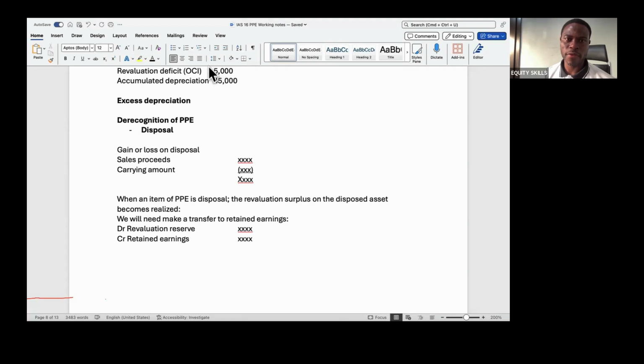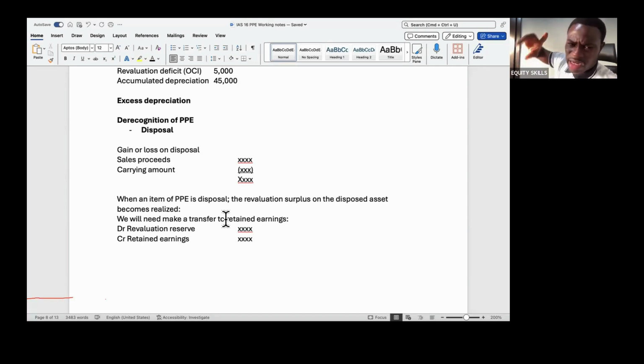Okay, nobody's talking. I have a concern. My concern is this. Why are we waiting till we dispose of these assets before we transfer this reserve to retained earnings? Why do you have to wait so long? I think there's something wrong with that, because if the reserve is huge, that particular year makes us look as if we have done so well in that year alone.